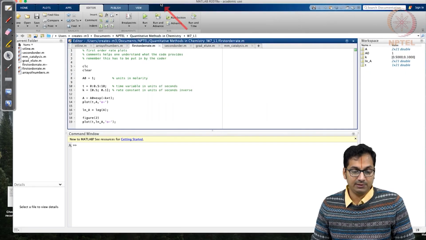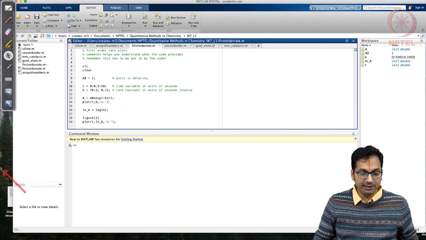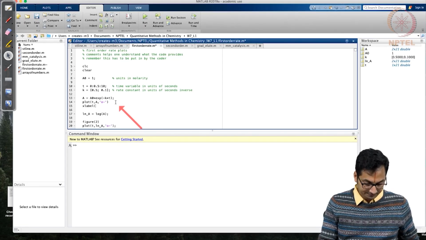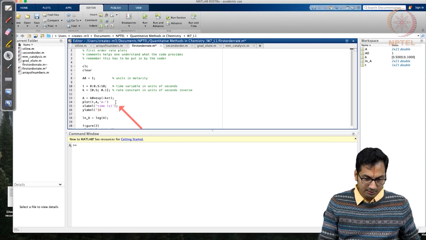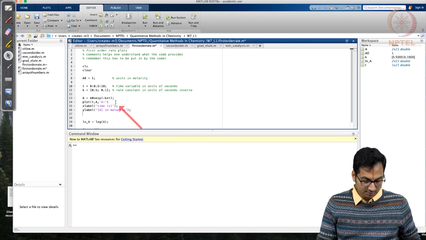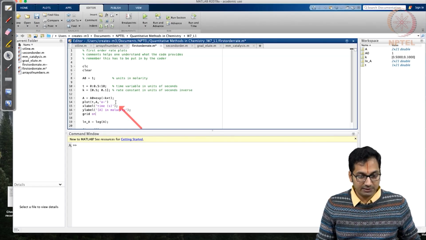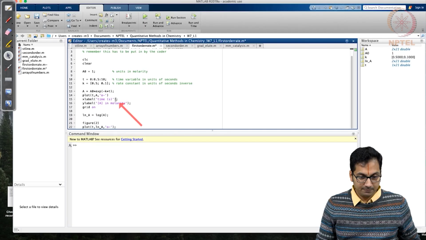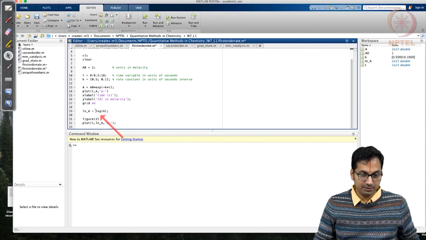So we can close this as well, and we can start adding even more details to this plot so as to make your life easy. So we can say x label time in seconds, y label A in molarity, and then you can say grid on so as to even see a grid on it, and then you can do the same thing here.